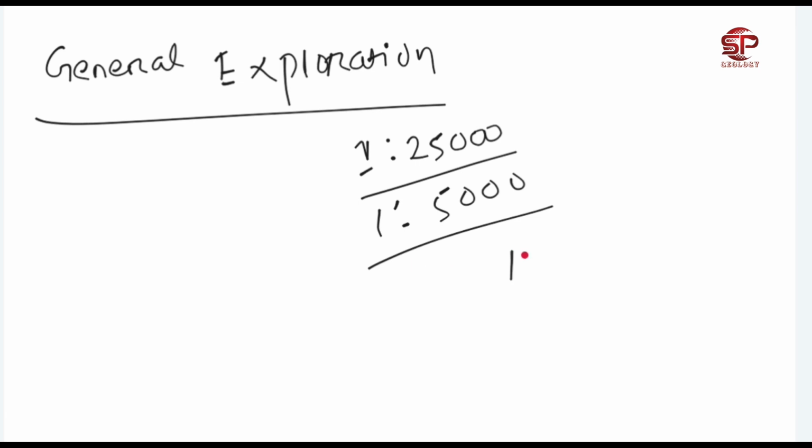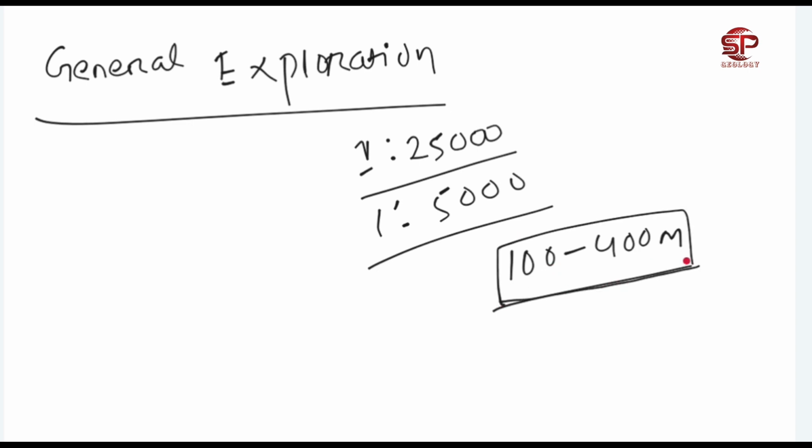Then drilling can occur in between 100 to 400 meter interval. In prospecting, we do drilling in between 100 meter to 1000 meter interval. Here we will do drilling between 100 to 400 meter interval. Then we can take different samples also.